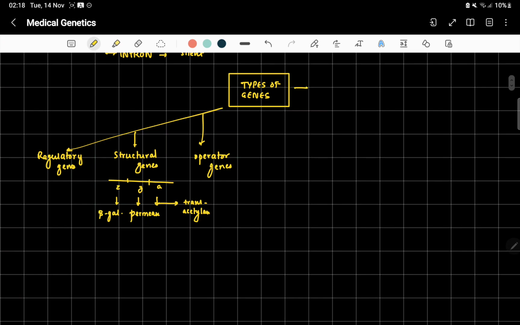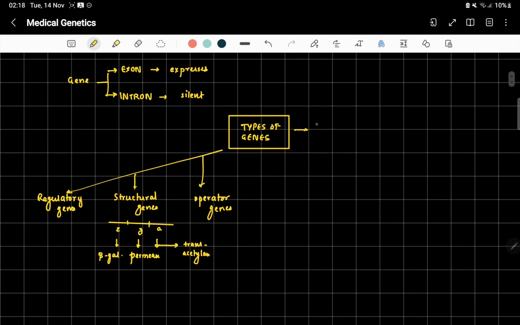Other types of genes are dominant and recessive genes. Dominant genes are those which can express, whether the genotype is homozygous or heterozygous.